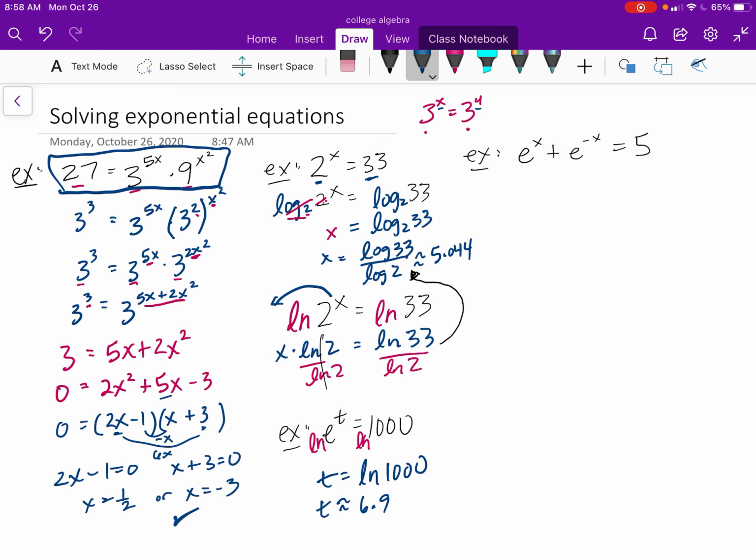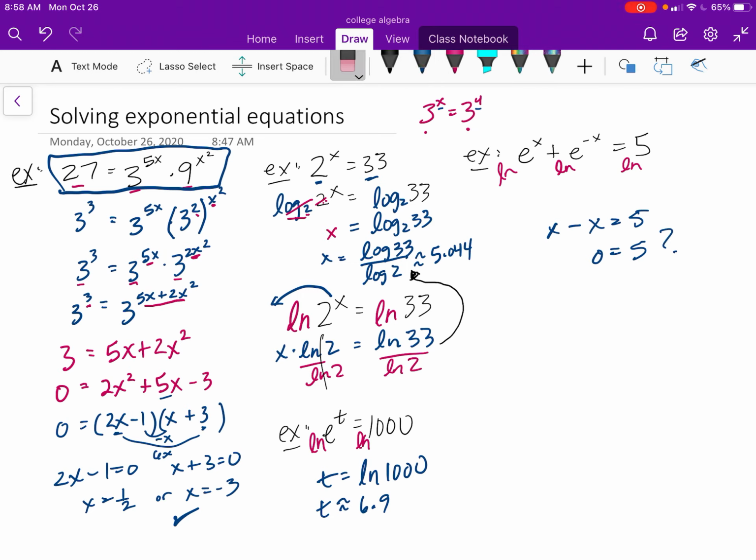So here is a common mistake, and why I want to do this one. This would be great if we could do it, but I see many people trying to do ln, like they distribute ln basically, right? Whatever you do to one side, you do the other, but ln doesn't work like that. That would be great because the e's would cancel, but you would see there's an error because I would get x and then negative x equals 5, so 0 equals 5. Like that doesn't work.